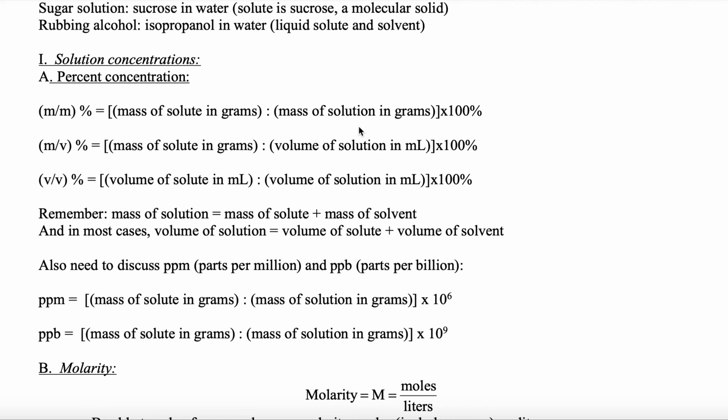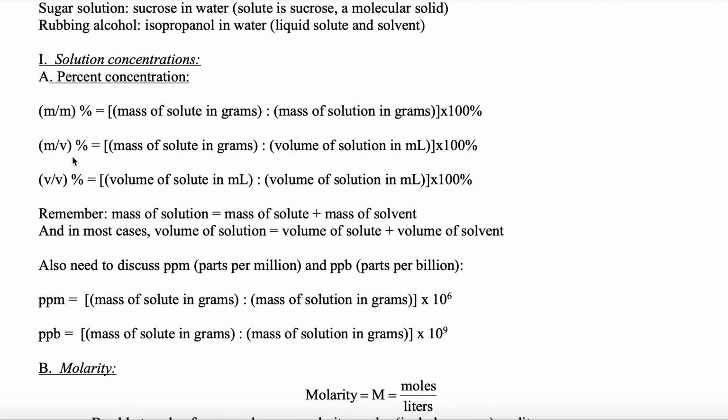Solution is solute plus solvent. You add them up together. You're always going to take that ratio: solute always divided by solution and multiply it by 100. Now this means your percent concentration can never be more than 100, because the mass of solute is always less than the mass of the whole solution.